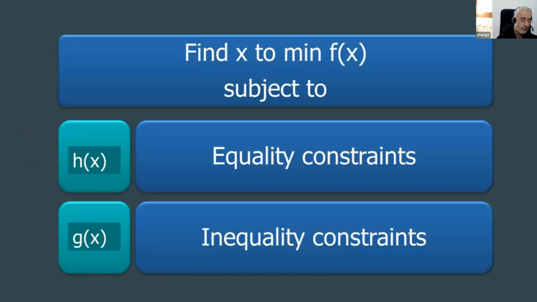Now, we usually express these problems with these 3 components. We say find the x, where x is a vector, and x encapsulates your decision variables, okay?